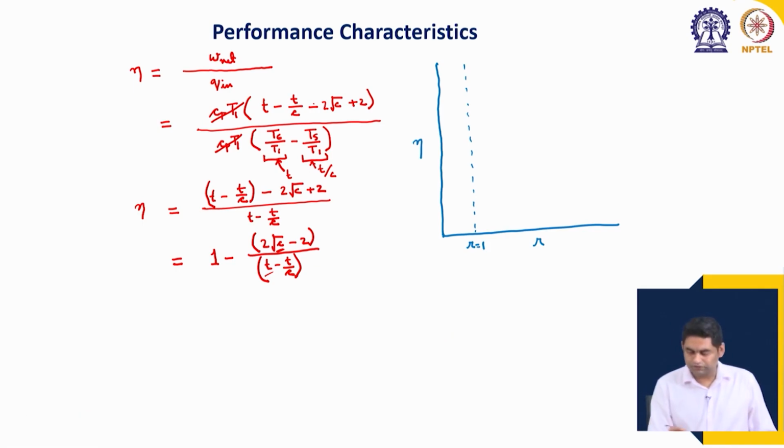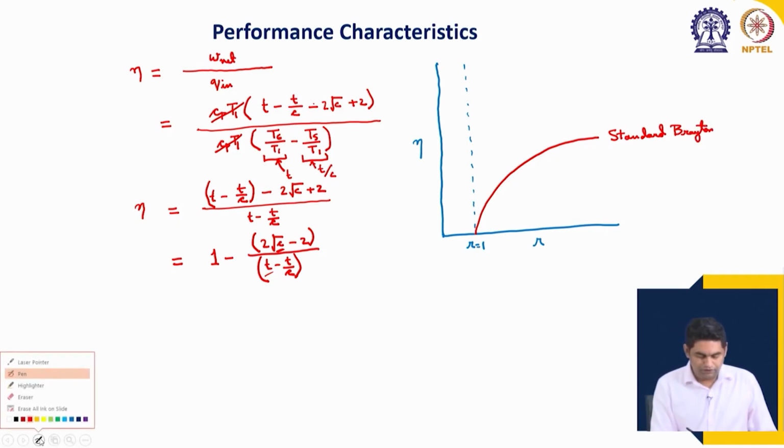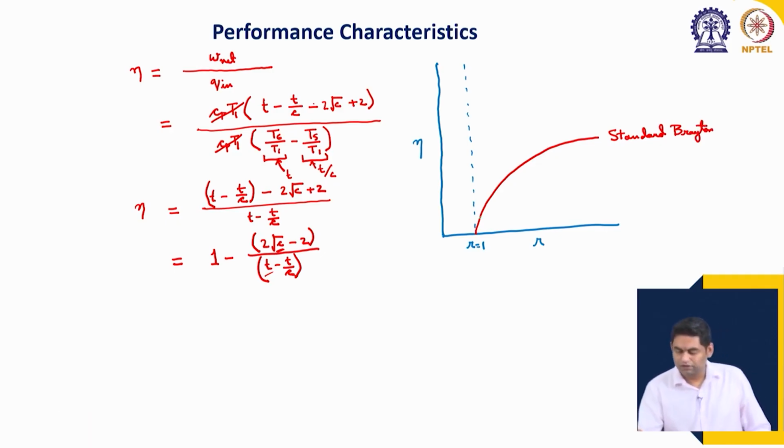Of course, every time we should have the standard Brayton cycle efficiency as reference. And if you remember, for the intercooled cycle, the efficiency curves are lower than the standard Brayton cycle curve, but they approach the standard Brayton cycle curve if we keep on increasing the value of t.